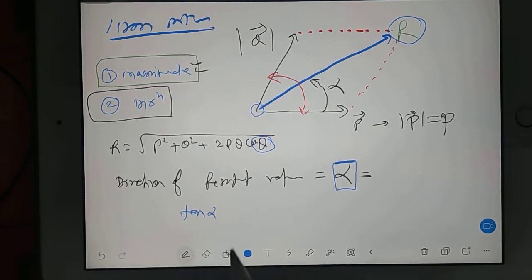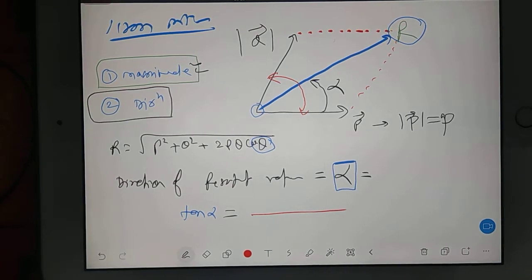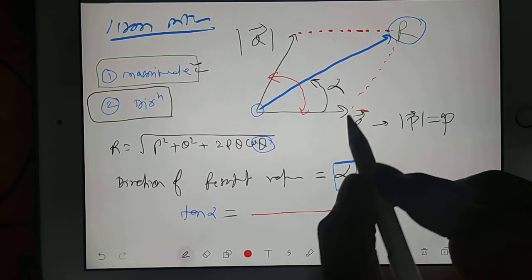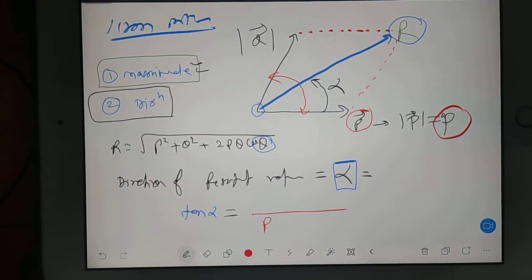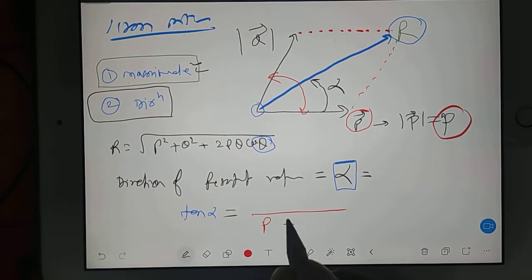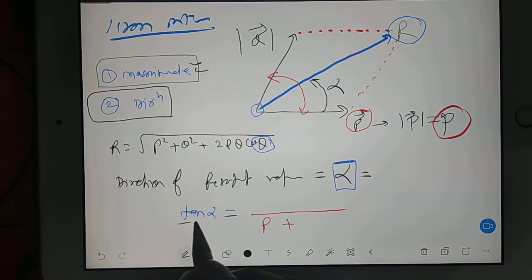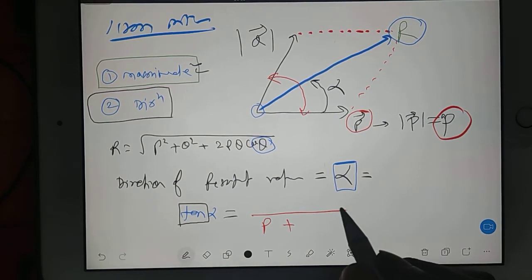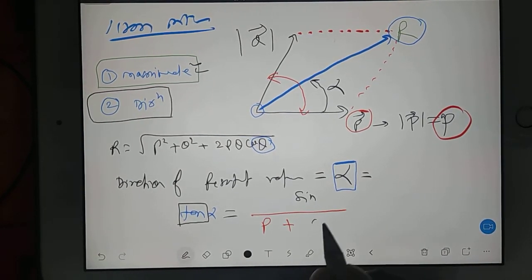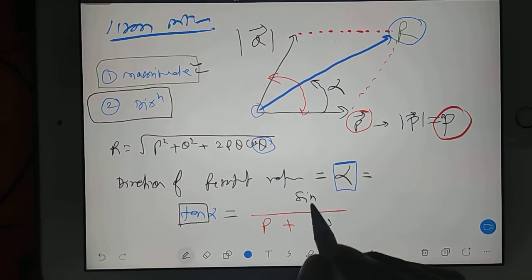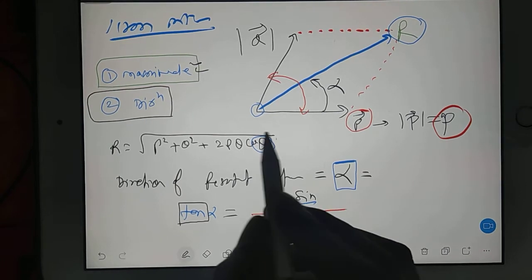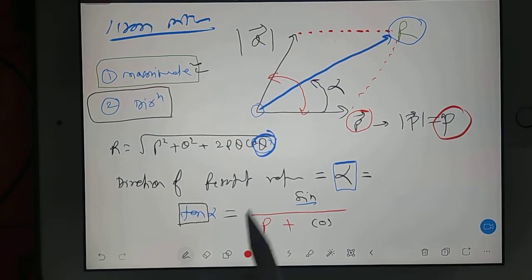You can find tan alpha with the trick. From which vector are you finding the angle, guys? From vector p, correct? So you write p here. See the trick. Then put a plus sign here. What is the meaning of tan here? Tan is nothing but sine by cos. So you write sine here, and cos here, and cos here. Now you understand. After this sine, theta will come. What theta? Theta is the angle between p and q.